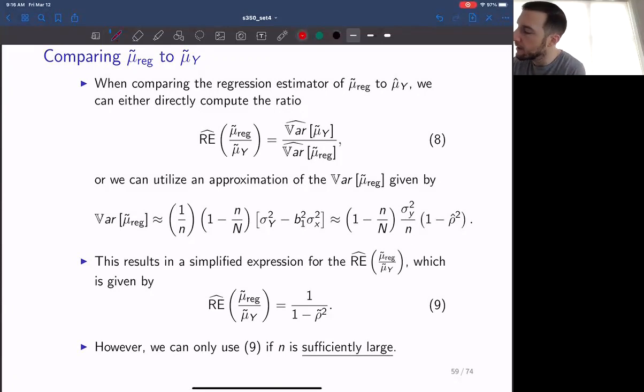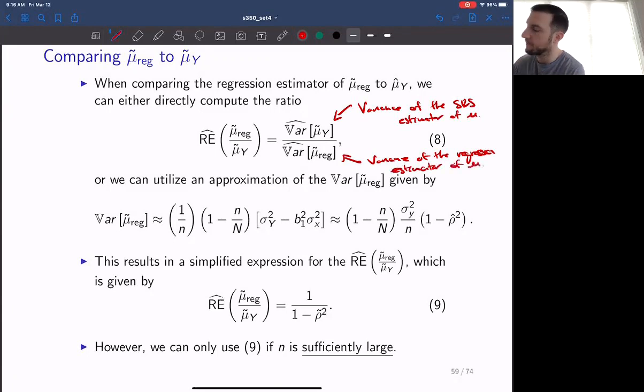So again, here we have the variance of the SRS estimator of mu. And then here we have, as you would expect, the variance of the regression estimator of mu.